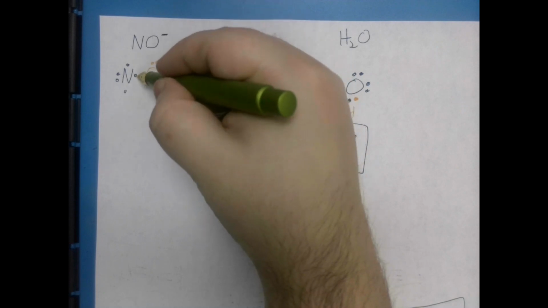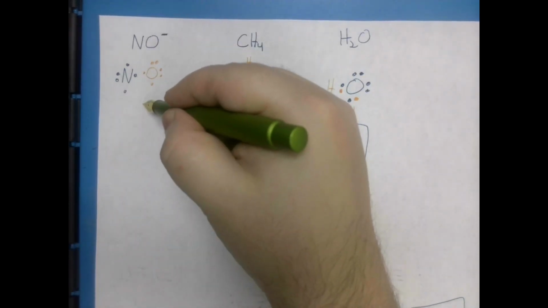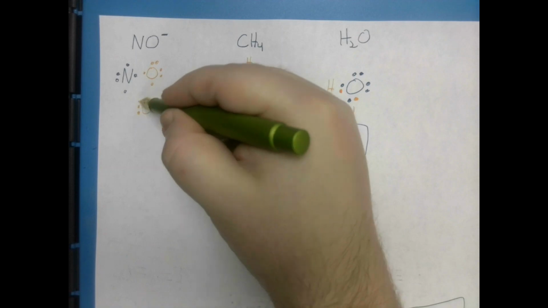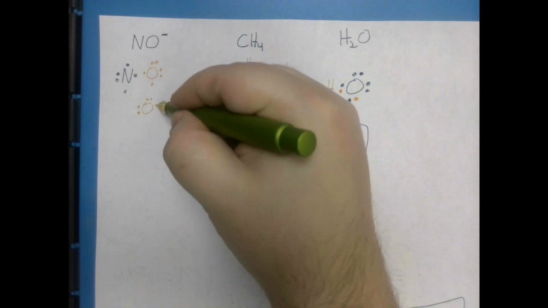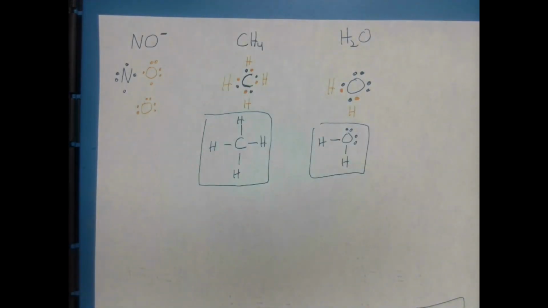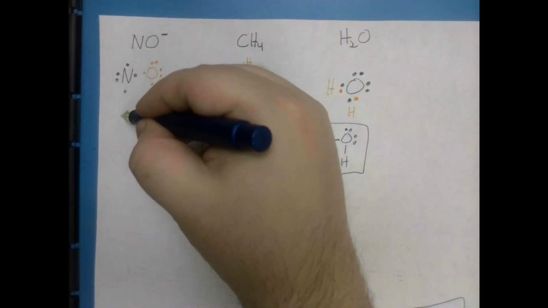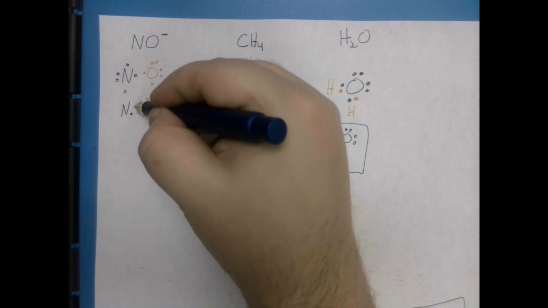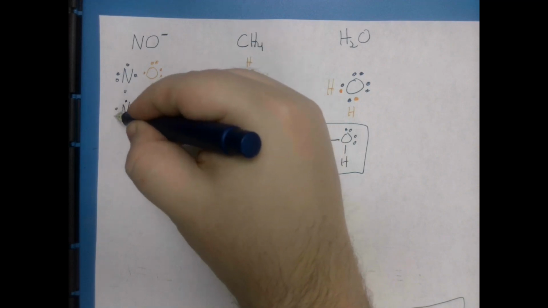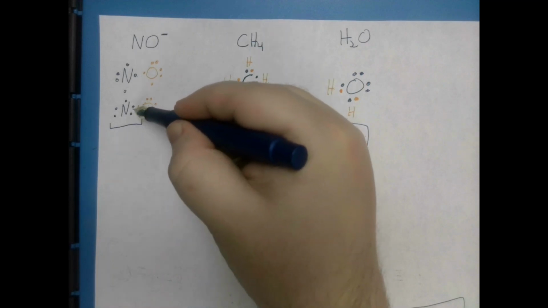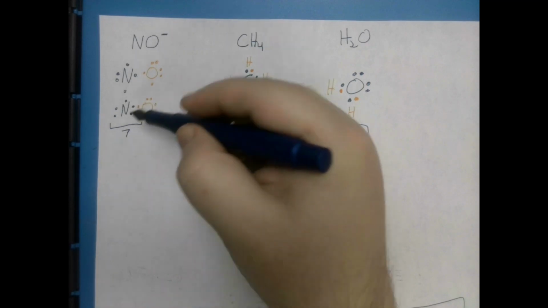Let's go ahead and group up these two and these two. Move these two to the left, and I'm moving these two to the right. And let's count. 1, 2, 3, 4, 5, 6, 7.